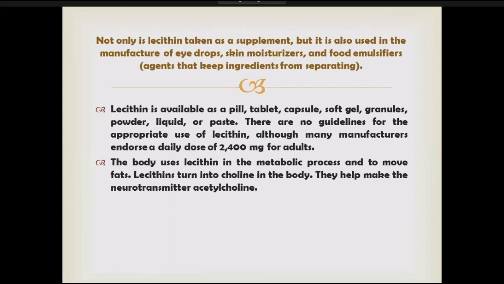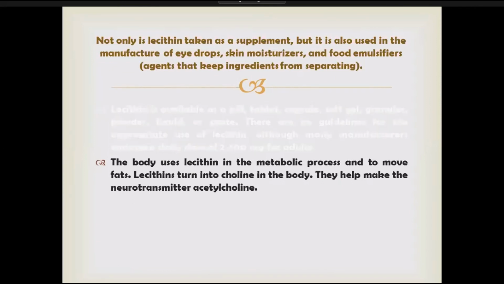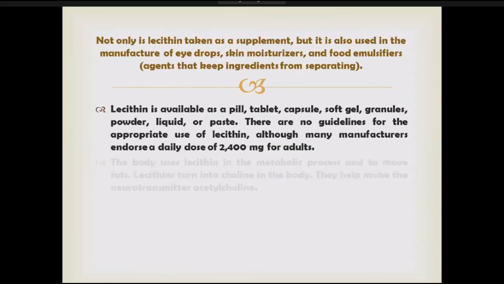Lecithin is not only taken as a supplement, but it is also used in the manufacture of eye drops, skin moisturizers, and food emulsifiers. Food emulsifiers means the agents that keep ingredients from separating.